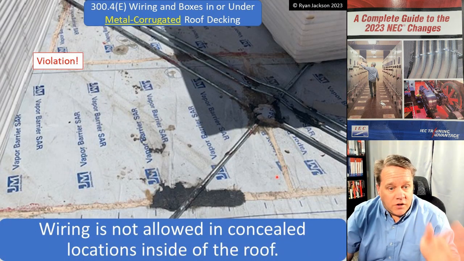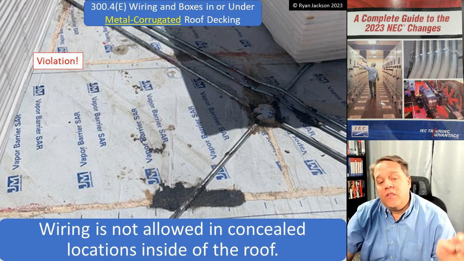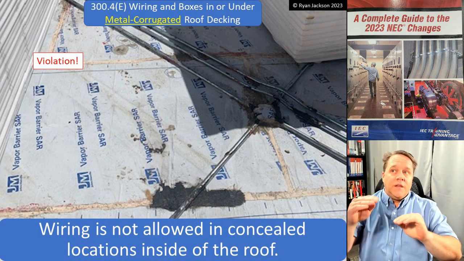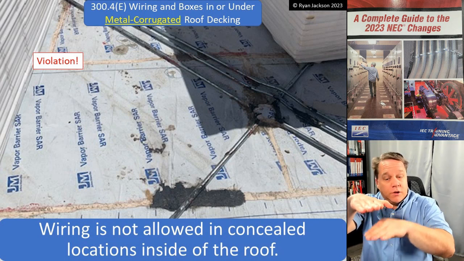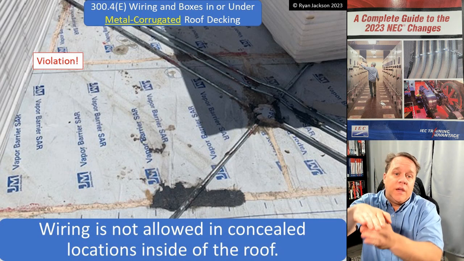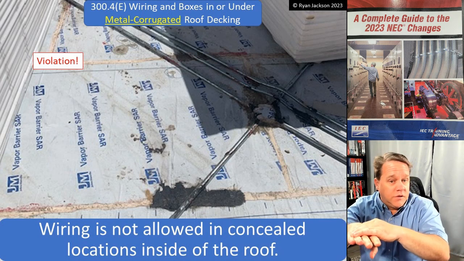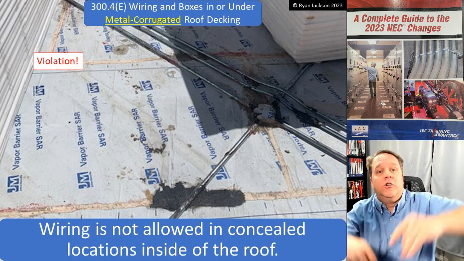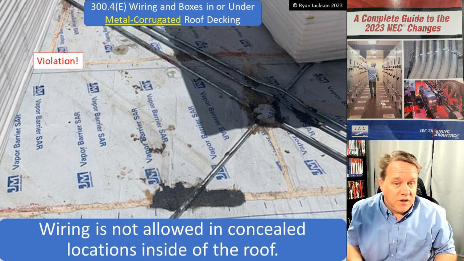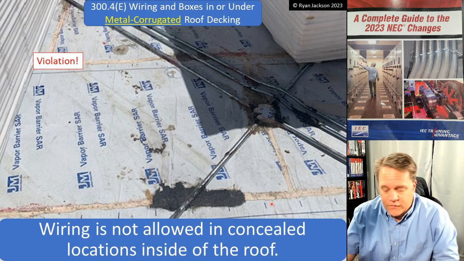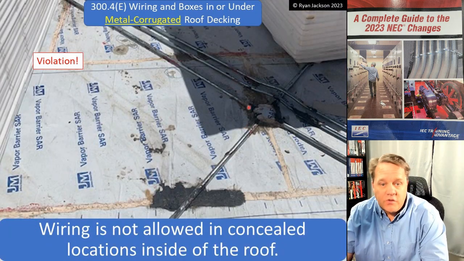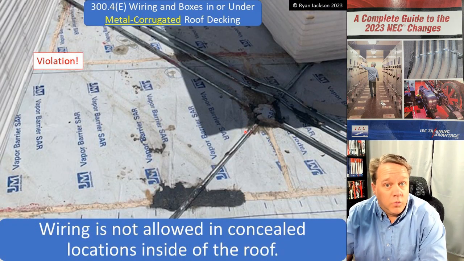We also added language saying wiring's not allowed in the concealed locations inside of the roof either. So we can't be directly below the roof decking, and we also can't be directly above the roof decking, and then they put the insulation on and the roofing material and they screw right through the conduit once again. So it makes sense. If the conduits in this picture are susceptible to nails and screws, certainly these raceways up here would be as well.